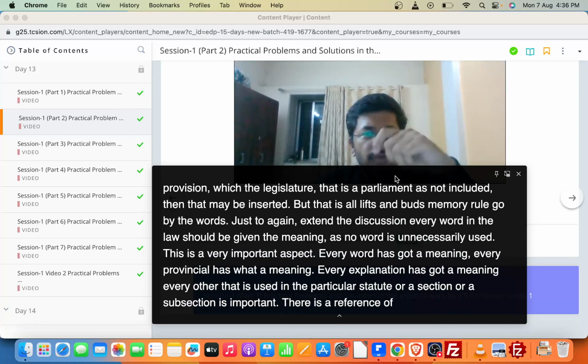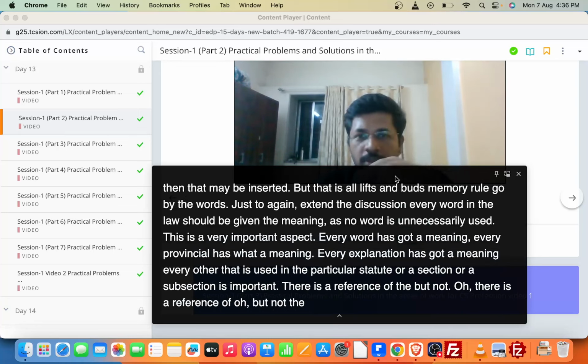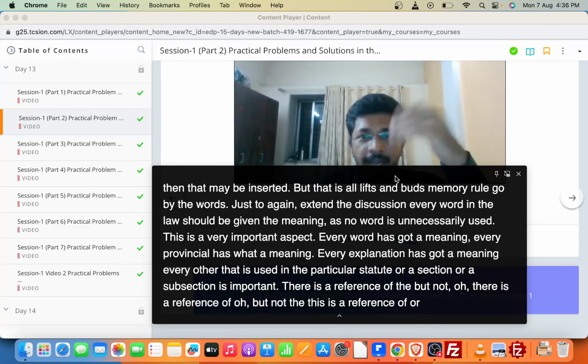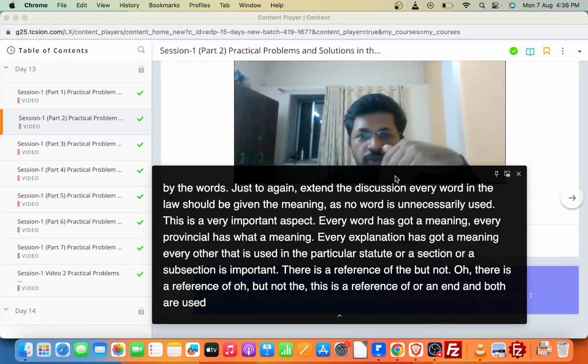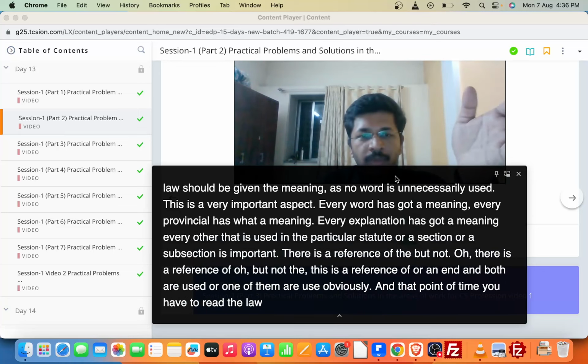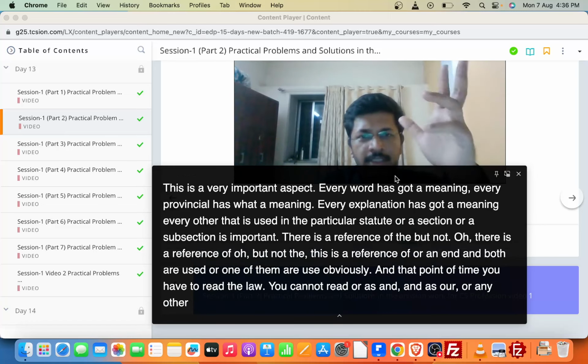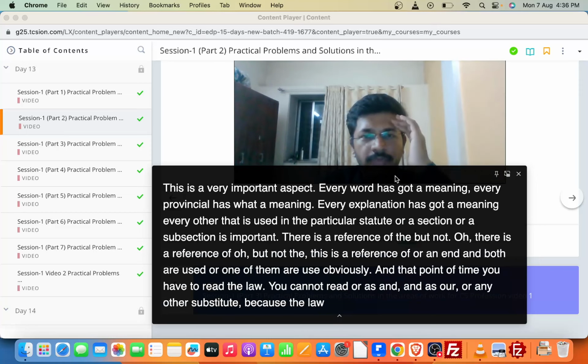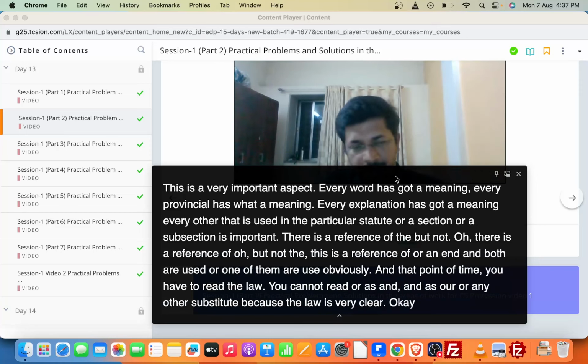There is a reference of "the" but not "a", a reference of "a" but not "the", there is a reference of "or" and "and", both are used, or one of them is used. At that point of time you have to read the law. You cannot read "or" as "and", or "and" as "or", or any other substitute, because the law is very clear.